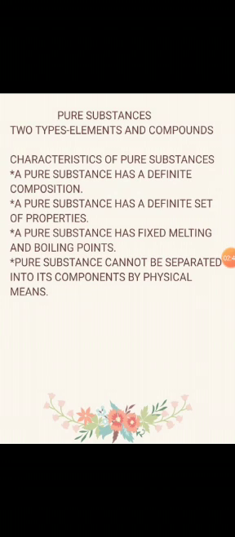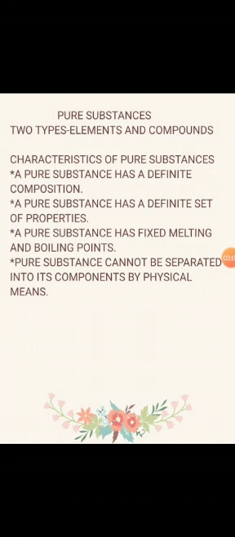Next, pure substances cannot be separated into components by physical means, like the example of water made up of oxygen and hydrogen, H2O. So, two hydrogen atoms, one oxygen atom.